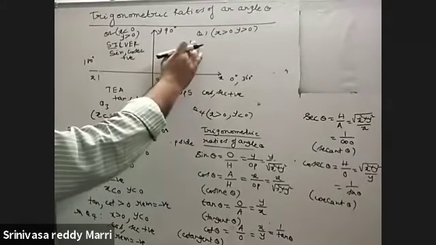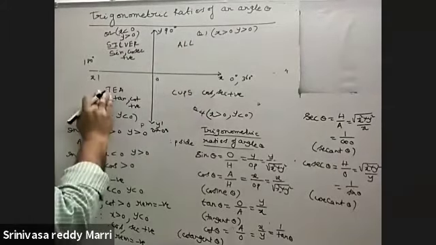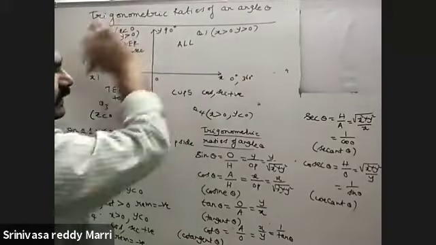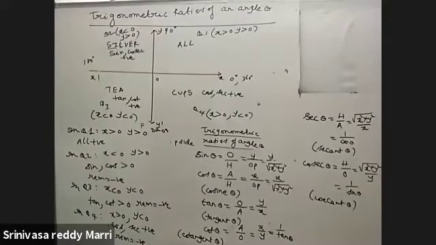Like that, depending on the angle, we can say in which quadrant which trigonometric ratio is positive and which is negative. This is all the Silver Teacups concept. Now look at this: in every quadrant, if one trigonometric ratio is given, how to calculate the other trigonometric ratios, we will see now.